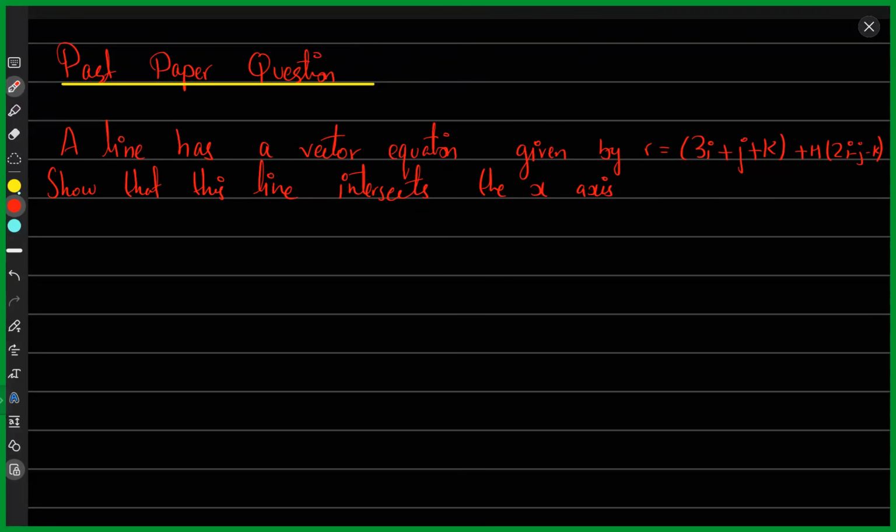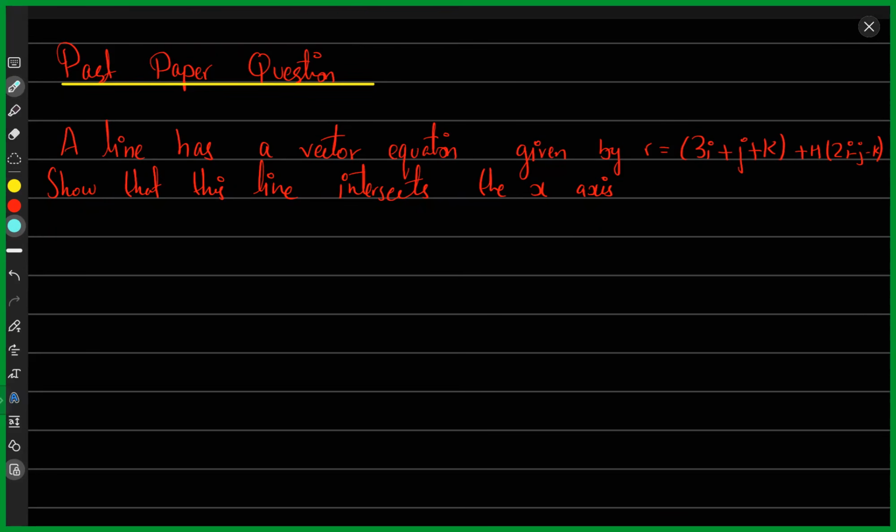Okay. A line has a vector equation given by r equals 3i plus j plus k plus mu 2i minus j minus k. Show that this line intersects the x-axis.